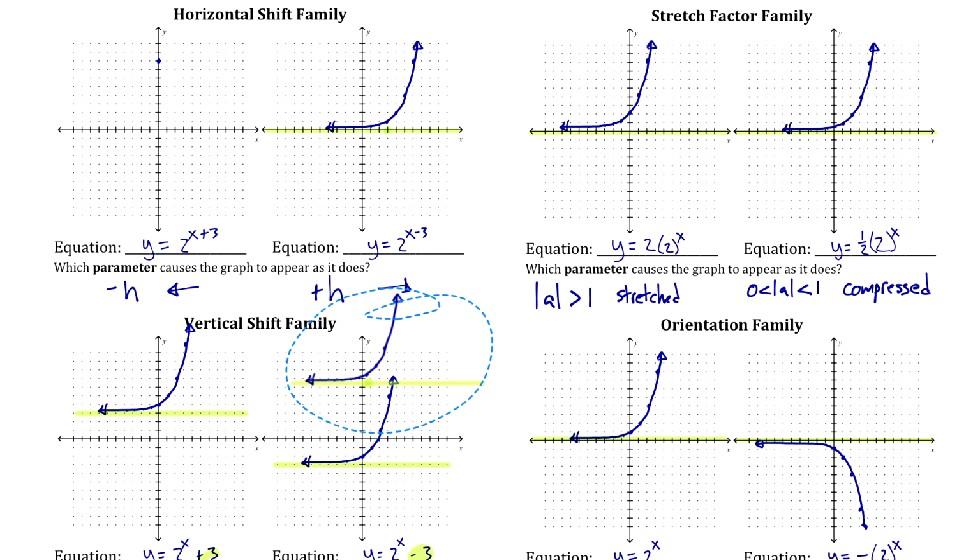So the only difference is whether it's shifted to the left or shifted to the right. And you'll notice again, the x value is an exponent. So when we put our h value, it's also going to be part of the exponent. So it's going to look like a tiny little +3 or -3.